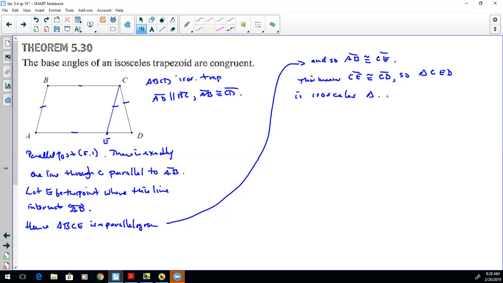And since that's an isosceles triangle, the base angles are congruent. That is to say, angle CED is congruent to angle CDE. Remember, when you've got an isosceles triangle, the angles opposite the congruent sides are congruent.